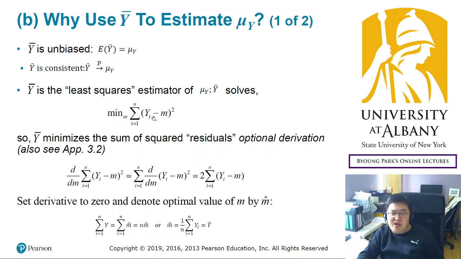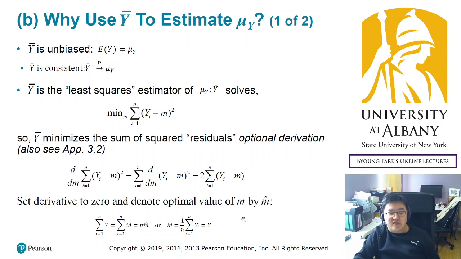Then how can you minimize it without observing the data? Actually, you can. The minimization is exactly what you did in microeconomics. Like differentiate and take the first order condition, then you are going to get the minimum, which is achieved when m equals y bar. So this calculation is the first order condition.